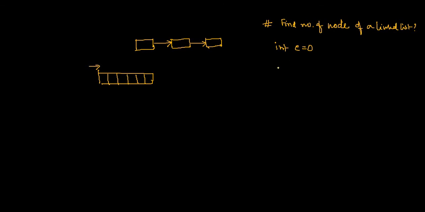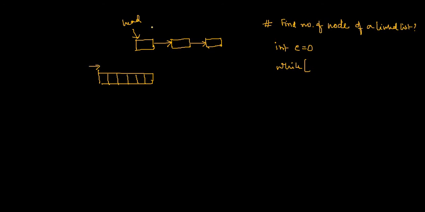So this code is very simple: while the pointer, obviously you need one pointer which will point to the particular node that is pointed by head, but you will not use the head pointer, because this is the only key that you have in the linked list.